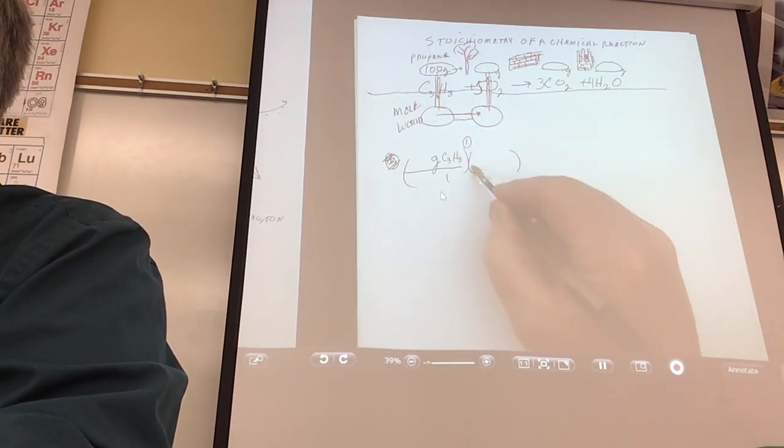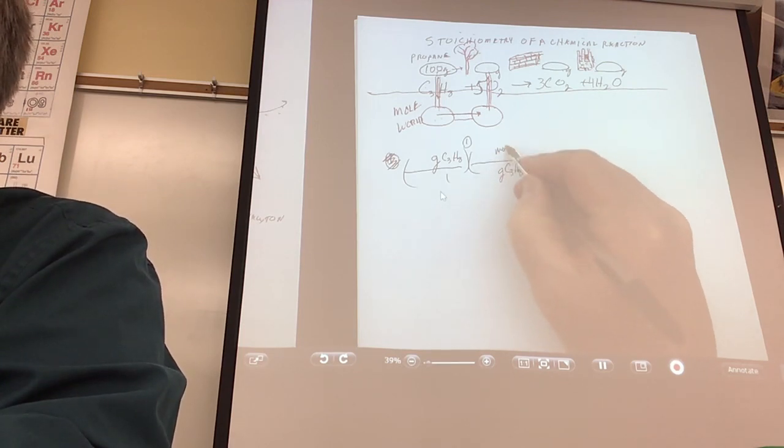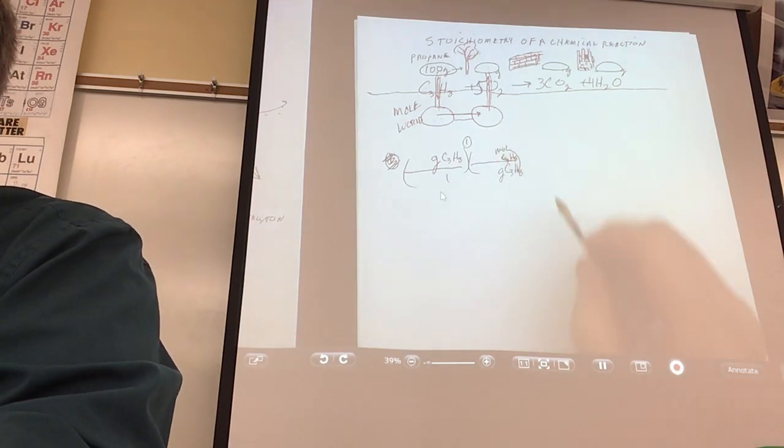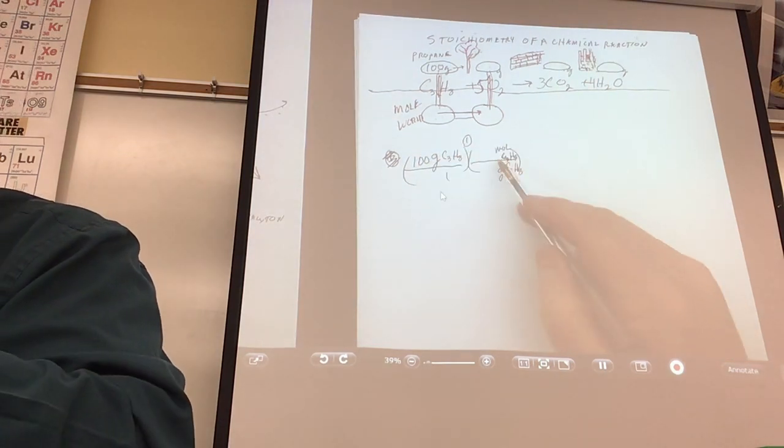All right, so, hey, I've done that before. And first of all, let's go ahead and write this because I know I started with 100 grams of that. But how do I do that?